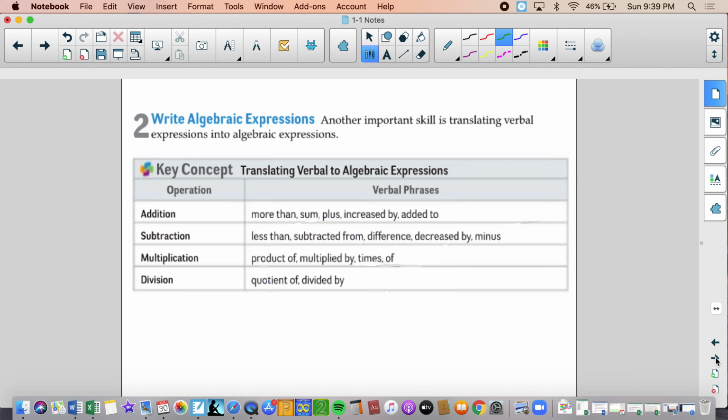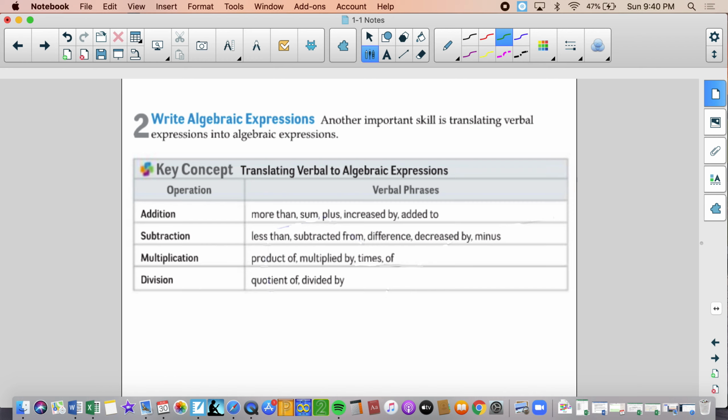All right, so addition, more than. What words can we use to represent addition? Well, we can use more than, sum, plus, increased by, added to. Subtraction, we use less than, subtracted from, difference, decreased by, minus.